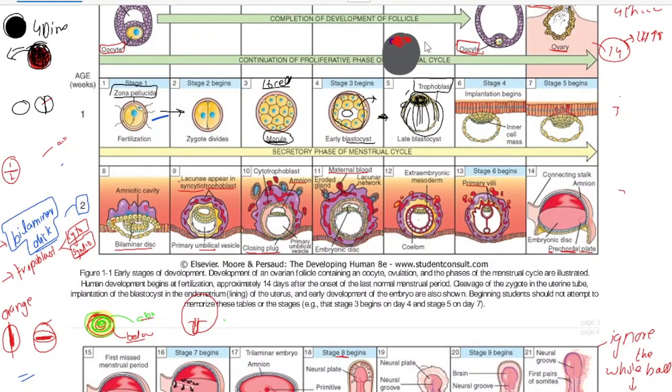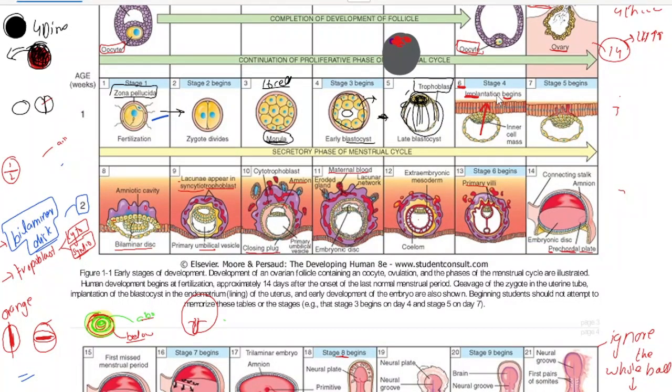Now at the sixth day the implantation begins. You know implantation is actually the blastocyst cells, in the mother's uterus there is a layer, and when they embed, they go inside the mother's uterus. To embed is called implantation.